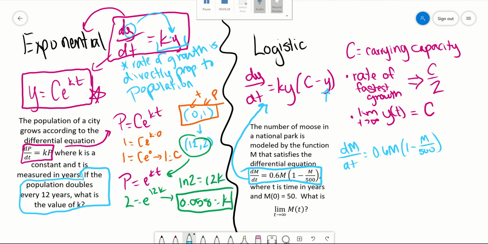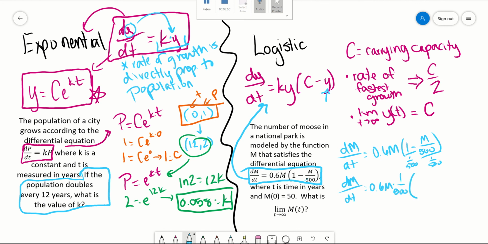So that means we're taking the 1 over 500 out of this one, and we're taking the 1 over 500 out of this one. So since we're taking the 1 over 500 out of both of those things, you have 0.6 m, and then this 1 over 500 has been pulled outside.